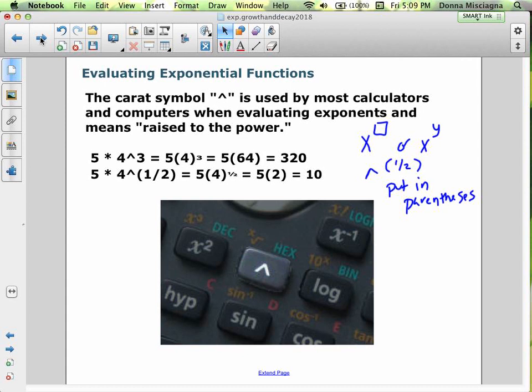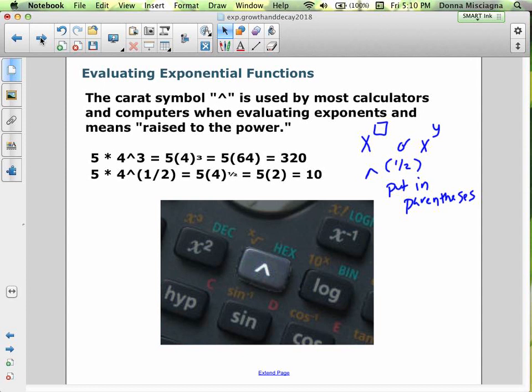If your exponent is a fraction, make sure to use parentheses, so the calculator knows it's supposed to raise 4 to the 1/2 power and not raise 4 to the first power and then divide by 2. Some of the newer calculators bump the whole thing up into the exponent and will get it correct even without parentheses.